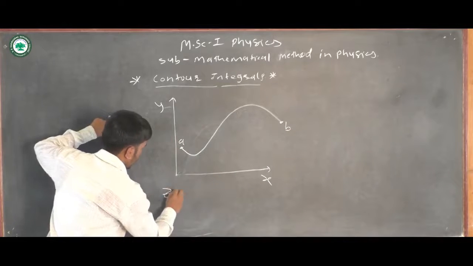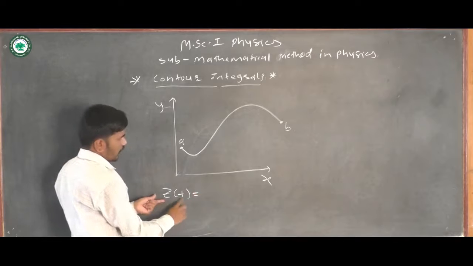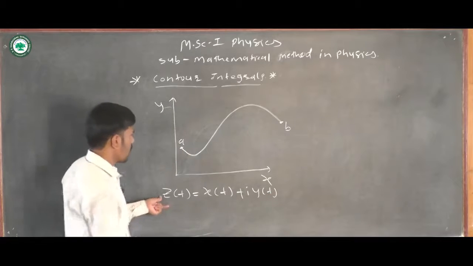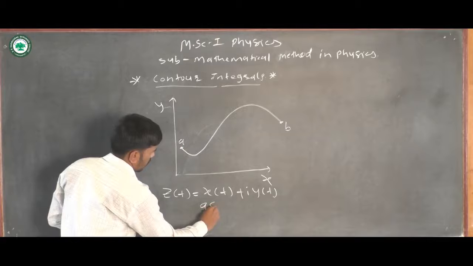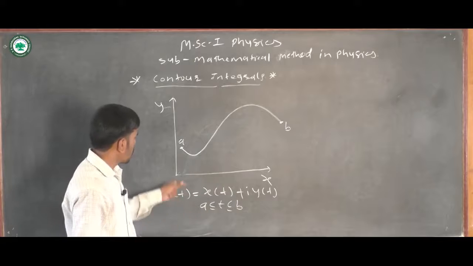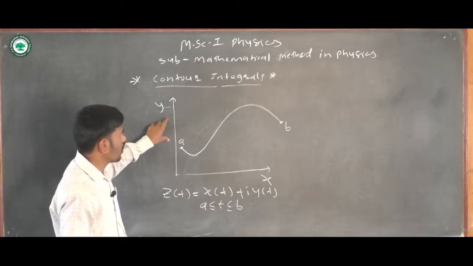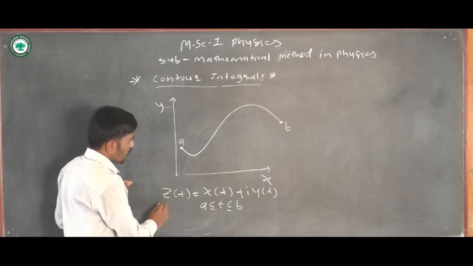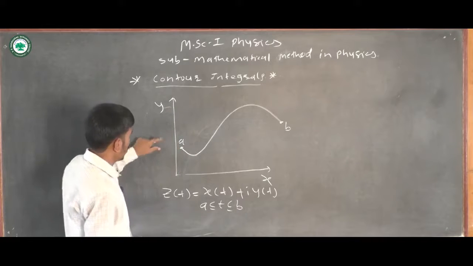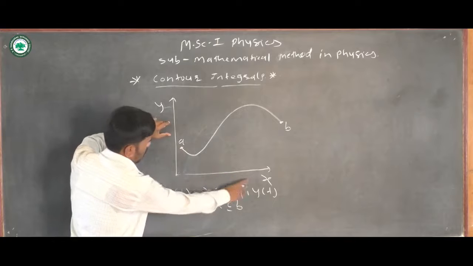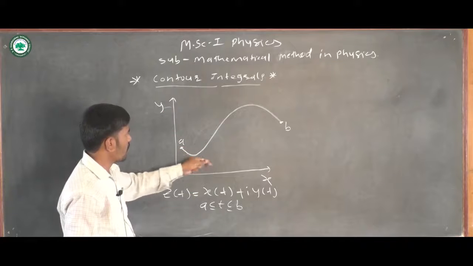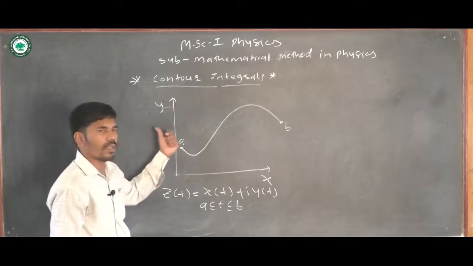Now z of t is equal to x of t plus iota into y of t, where t lies in the interval from A to B. I plotted this expression on the graph. When x and y vary, z varies. At different x and y values we get different z, and the corresponding f of z is different.